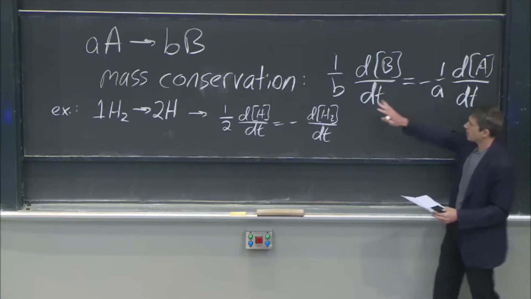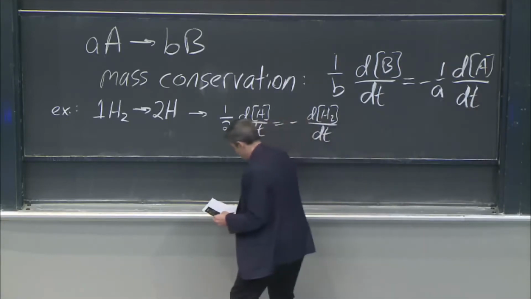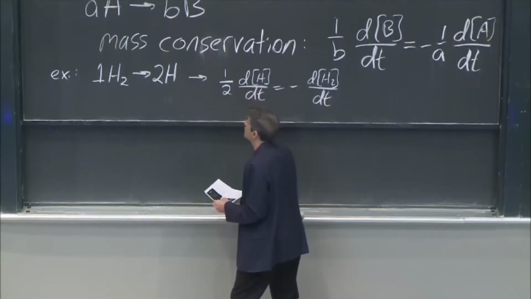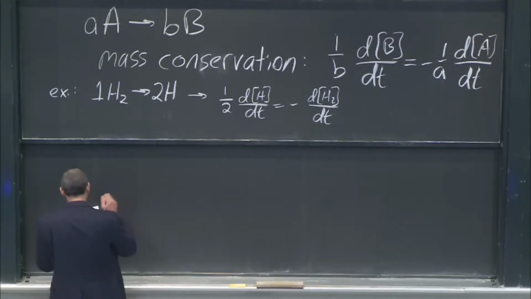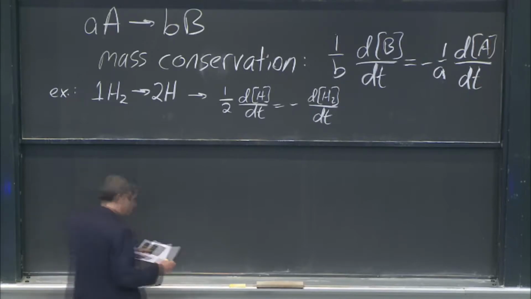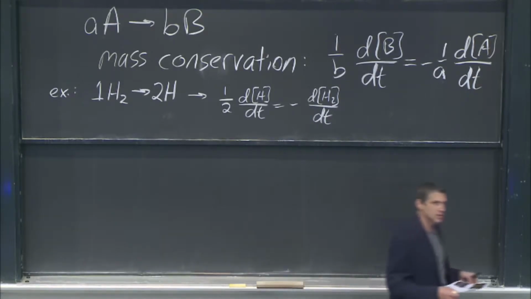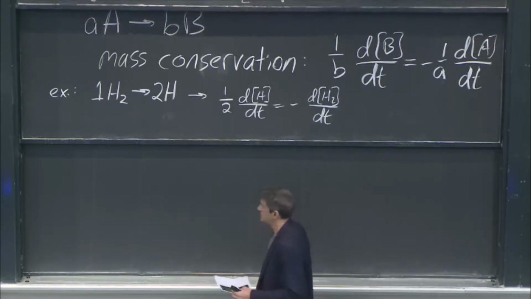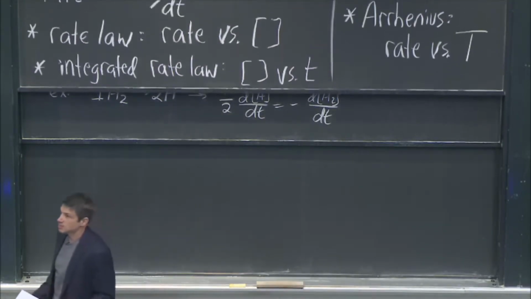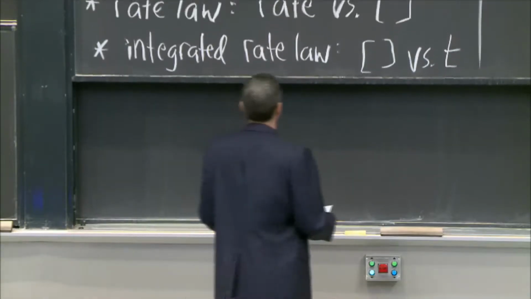Now, there's a couple other things about this. One is that you'll notice that the rate is always positive. Maybe we should write that up on the top board, because it's a convention. We like positive numbers when we talk about rates.